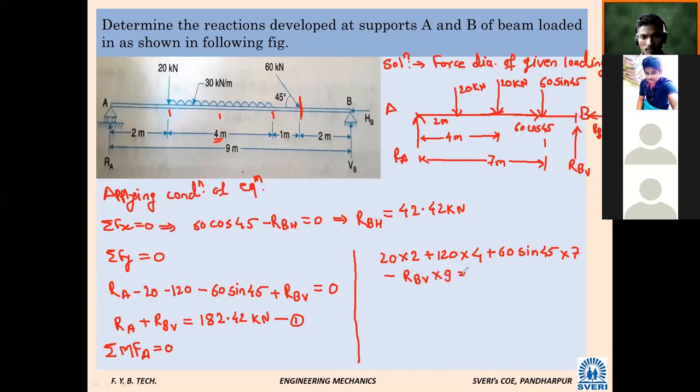Is it possible to calculate from this now? Calculate RBV. Is it possible to calculate RBV? Yes.